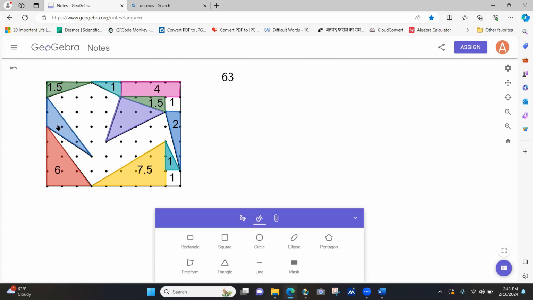So I need to find the area of this blue triangle and this purple triangle. Those are not so easy because they are not necessarily right triangles. Now, this might look like a right triangle to you, but you can't guess. It may not be.